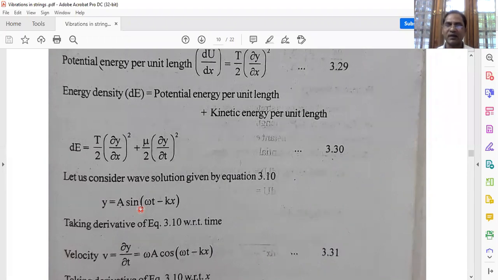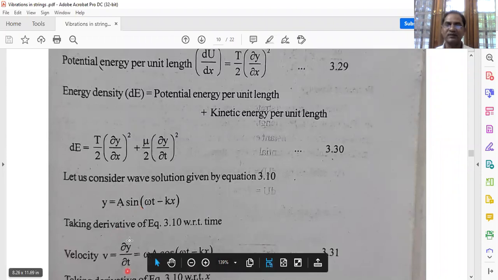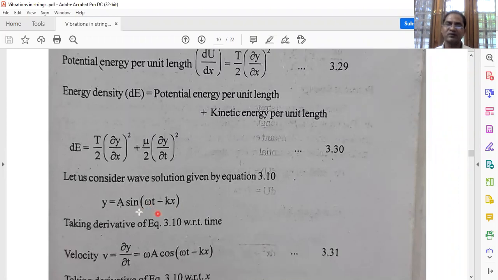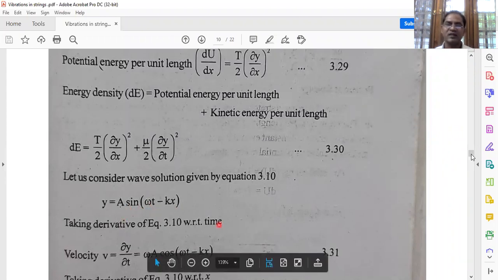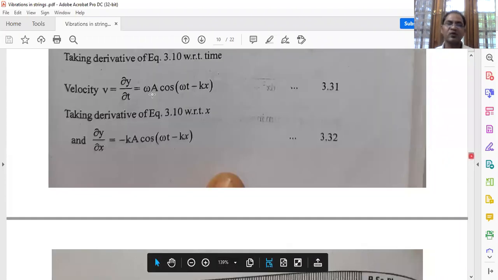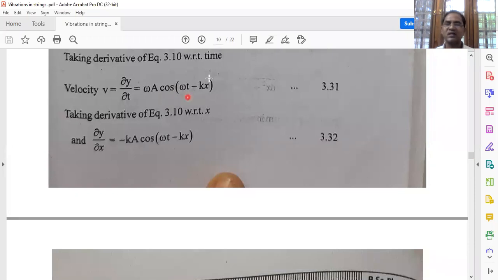Velocity v is given by dou y by dou t, the rate of change of displacement. A is constant, sine differentiation gives cos (omega t minus kx) into d by dt of omega t, which is omega. So therefore, the velocity of the particle v is equal to A omega cos (omega t minus kx).